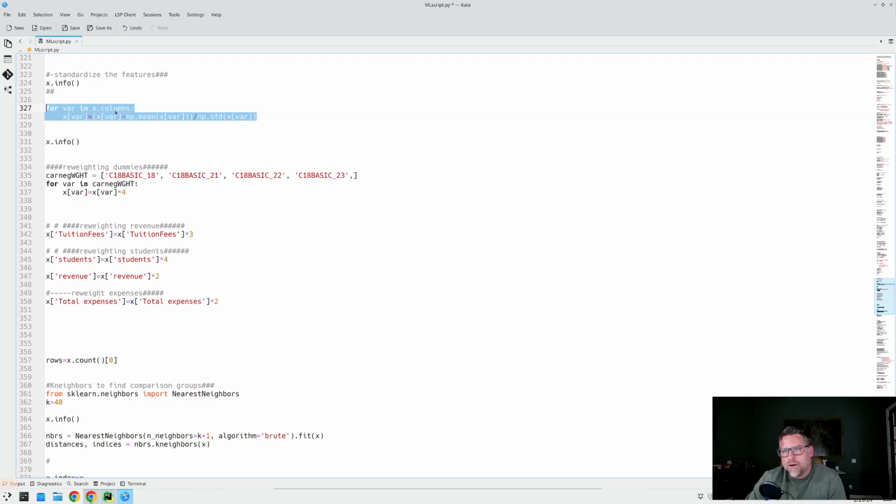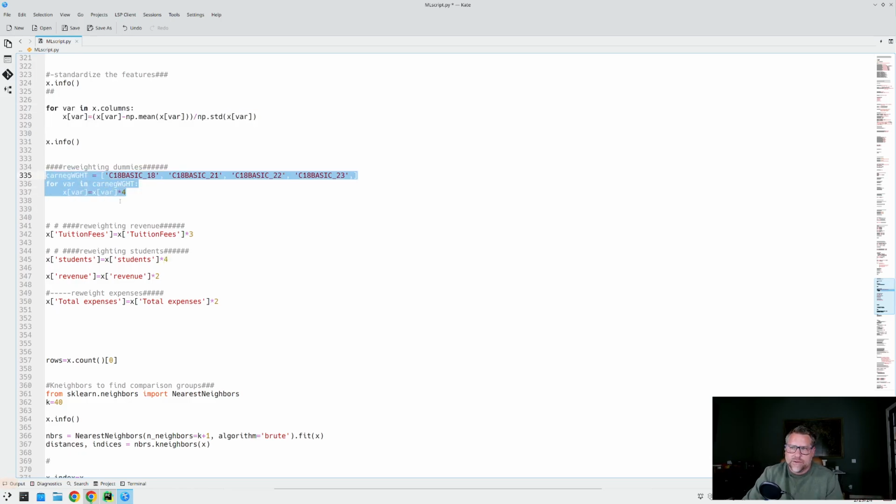Remember, we're standardizing all of these X's so that they have a mean of 0 and a standard deviation of 1. All right, one way to put more emphasis on a variable is just to scale it up, right? As I mentioned before. So I rescale some of these variables to give them more weight. That's basically what's happening here.